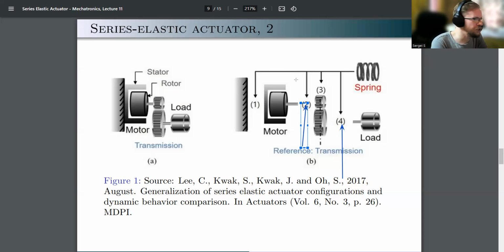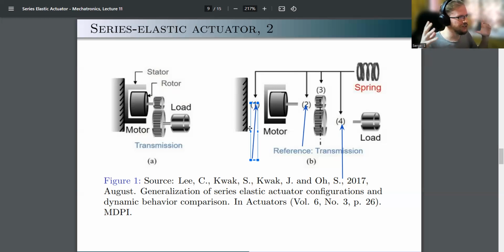You could also do exotic stuff, such as putting the spring, for example, here. So you would protect the whole motor, allowing the whole motor to wobble. In case of a collision, the whole motor, gearbox, stator, rotor, everything wobbles. Do you want this?